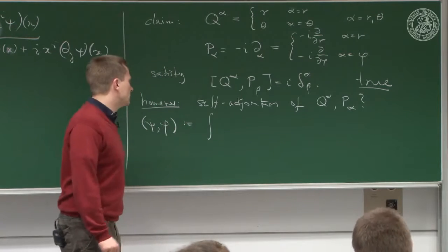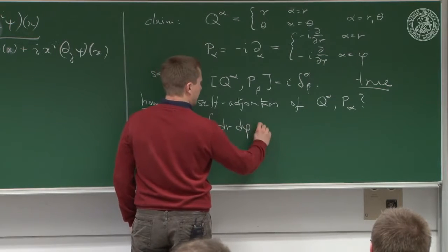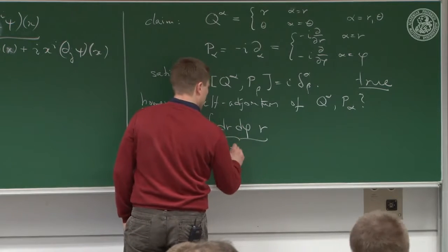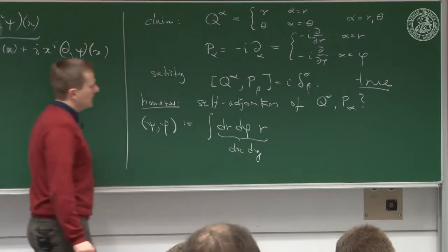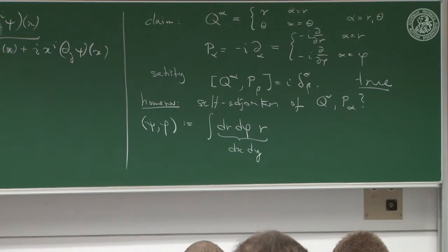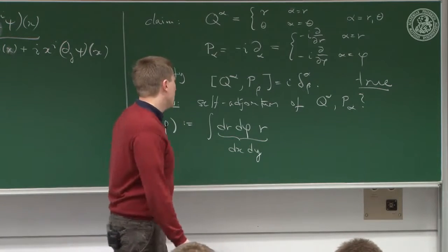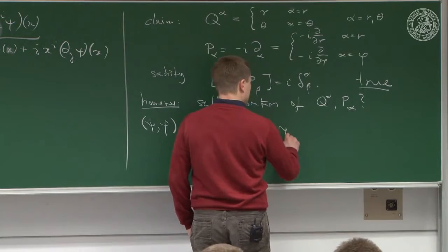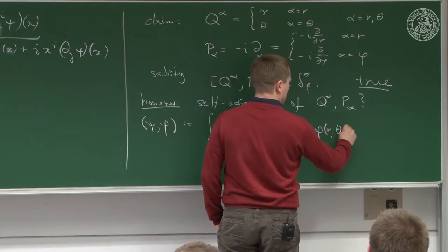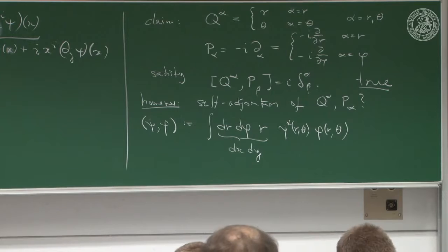If we now write down our two-dimensional integral, of course it's dr d phi times r, because this is the dx dy. Using the Jacobian of this coordinate transformation, we get this extra factor r. Then we have a psi star that depends on r and theta, and a phi that depends on r and theta, and this defines a proper inner product. So there is no problem with this.